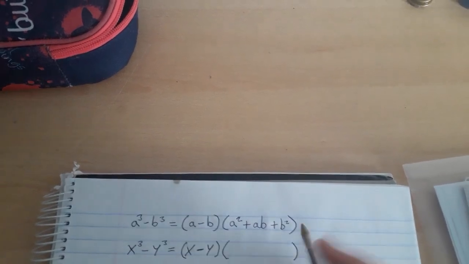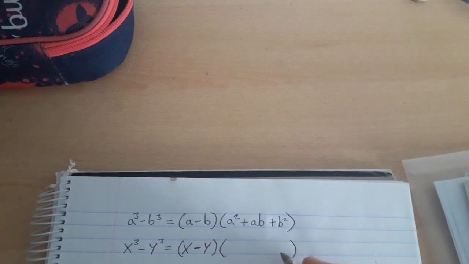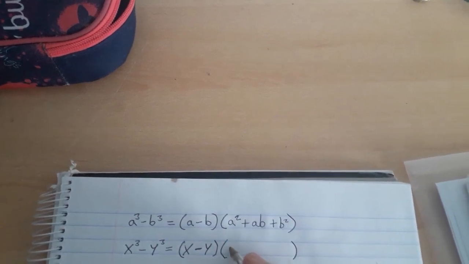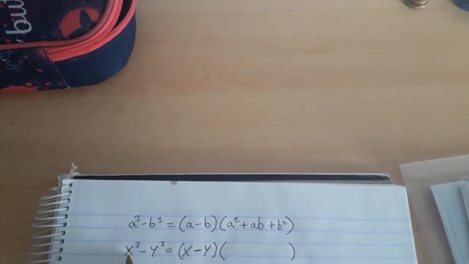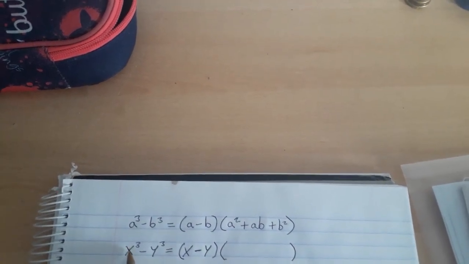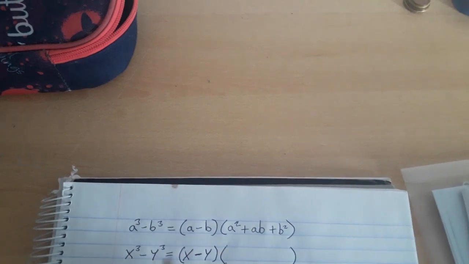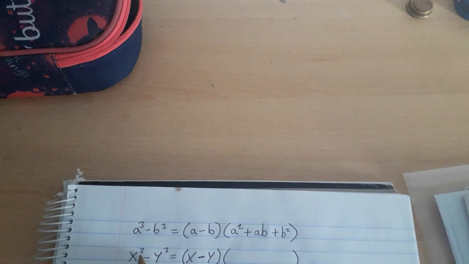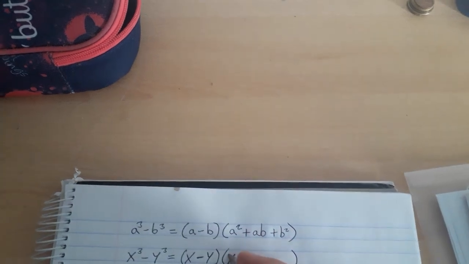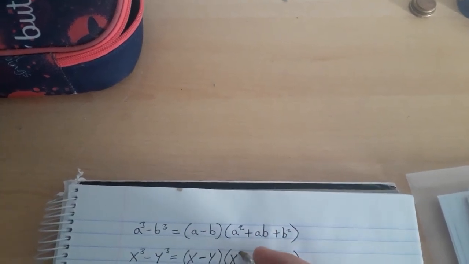Okay, and then for the second factor, the first term is going to be the same as the first letter in the original expression, but instead of having a cube, it's going to have a square. So it's going to be x squared.